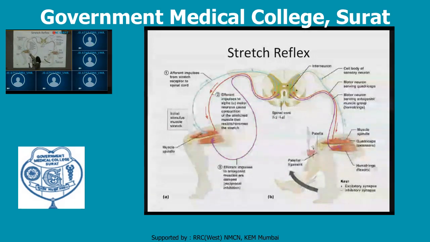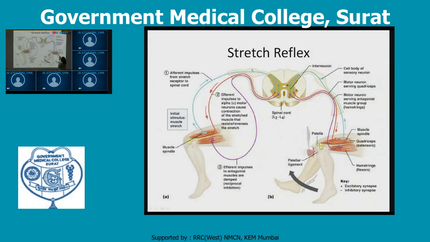So this is the stretch reflex. Here you can see, in case of the patellar ligament being struck with a hammer, in knee jerk, the quadriceps muscle causes extension of the knee joint.